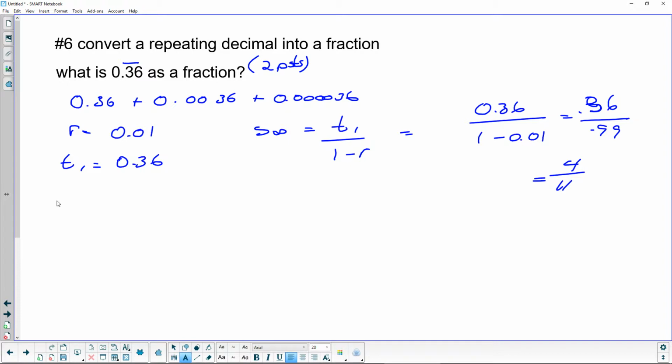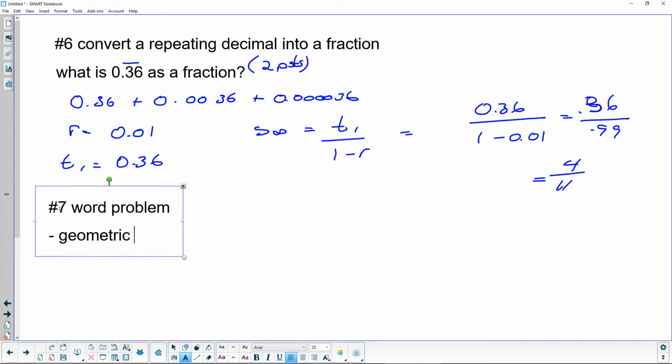So question number 7, final one, is a word problem. Okay, what kind? It'll be either one of these two. So you're going to do a geometric growth problem, like a population growth.